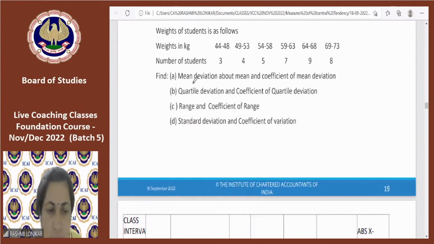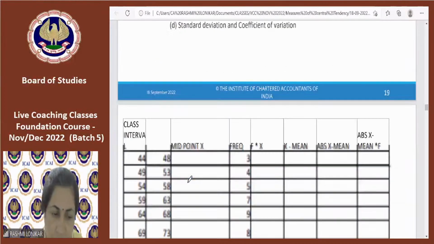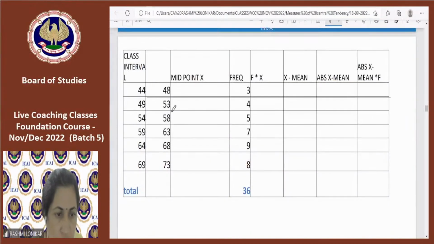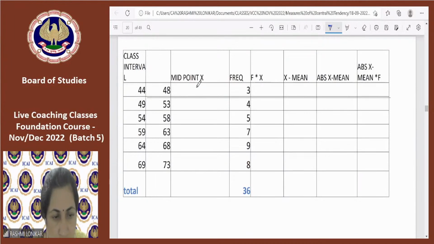So in mean deviation about mean, this is the distribution of students whose weights are given, and for that we first find the mean. When this interval is given, what I should do is find this midpoint first, 44 plus 48 upon 2, which is equal to 46. Similarly, when I find for everyone, this is 51, 56, 61, 66 and 71.